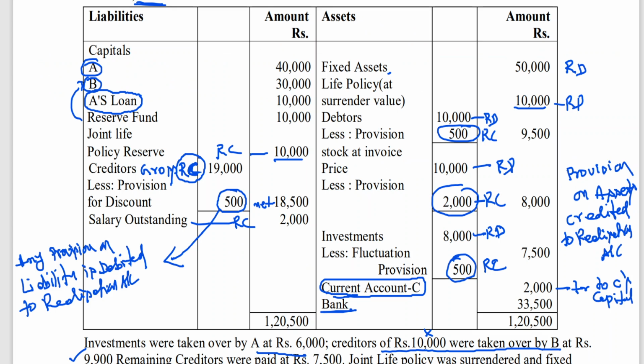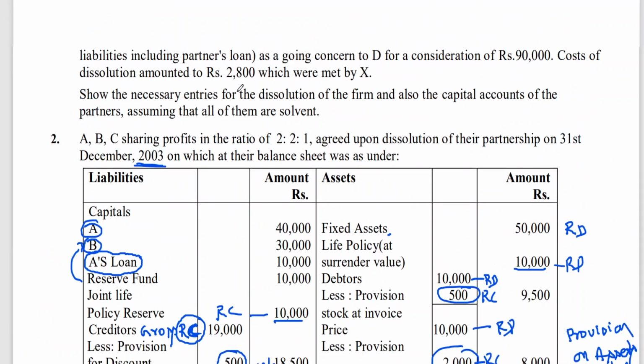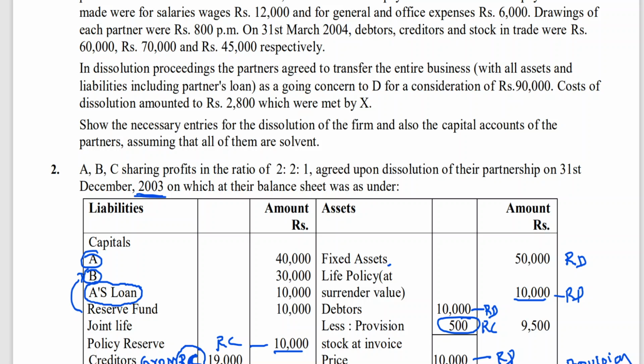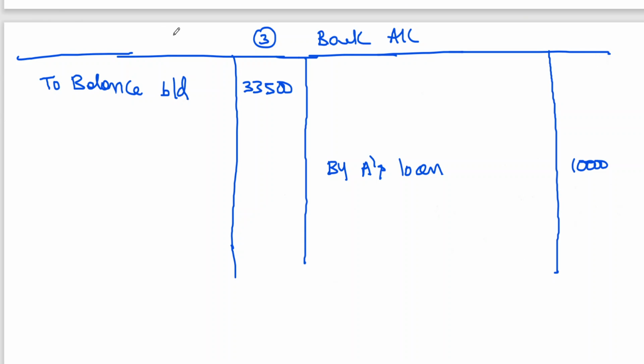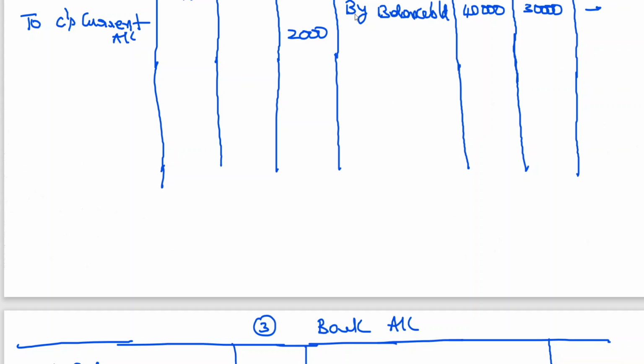Then coming back to this next, reserve fund. This reserve fund will be transferred, I told you, to partners' capital of all partners including C, 10,000. What is the ratio? Their ratio, tell me. 2:2:1. So by reserve fund 4,000, 4,000, 2,000.